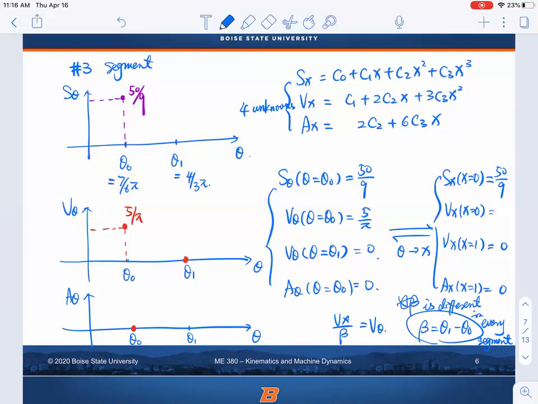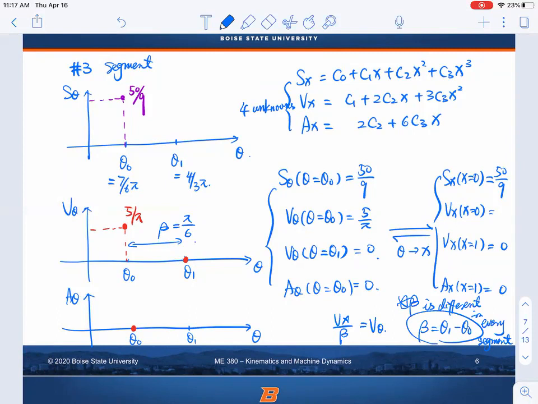In this case, luckily we have the same beta, the width is still pi/6, but that might not always be the case. Your beta is a property associated with your segment definition, so you have to find a beta for each segment individually.